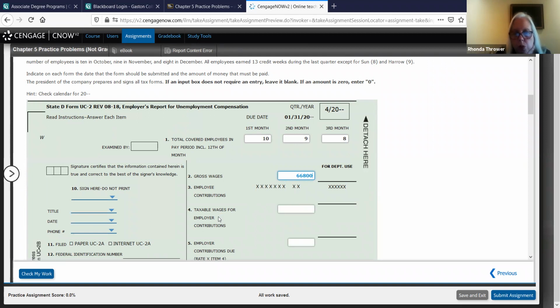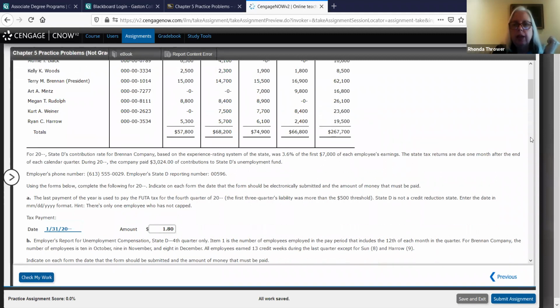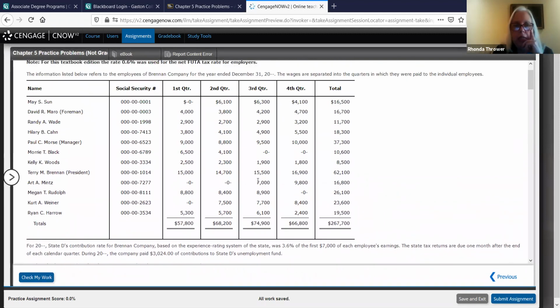In Part 4, the taxable wages for employer contributions, remember all of the employees went over the ceiling, which for the state happened to be 7,000, just like it was for the federal, except for one of the employees. And that one employee was Kelly Woods.